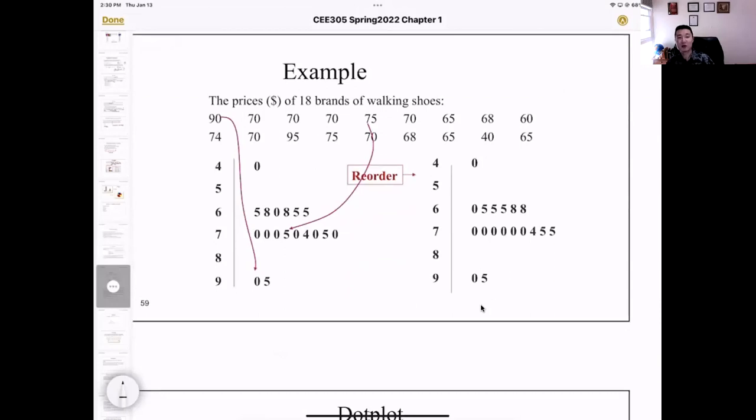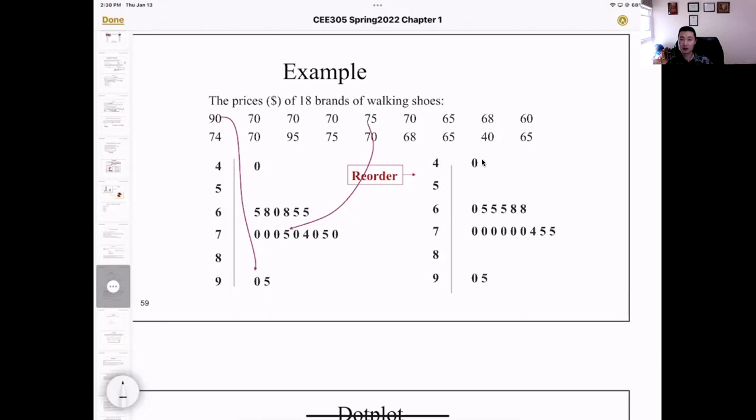Another example: this is the price of shoes, $90, $70, and $65. We have these values, so we can just use them to make a stem and leaf plot. So 40, 50, 60, 70, 80, and 90. For the 40s, we have only one value, which is 40.